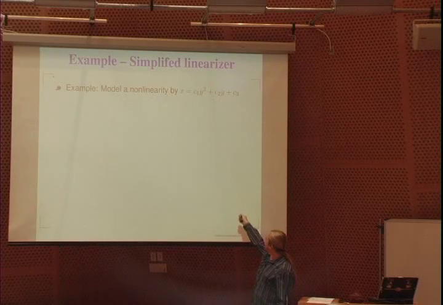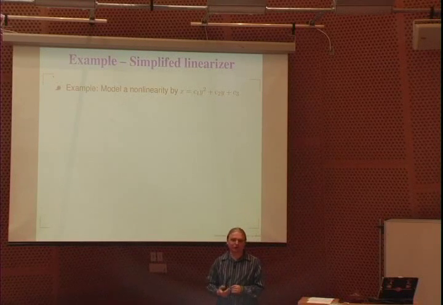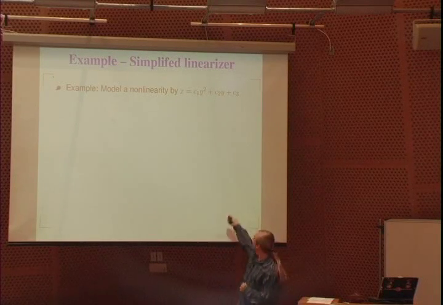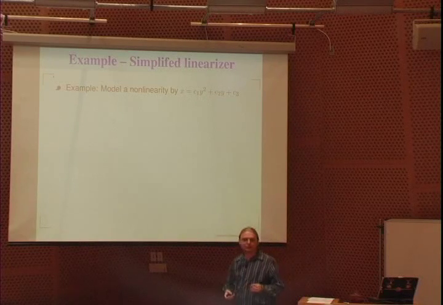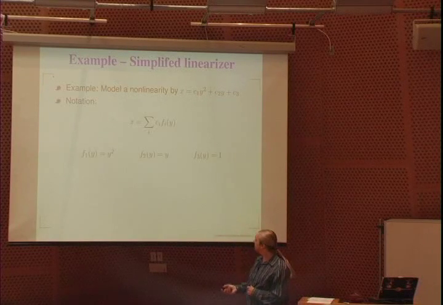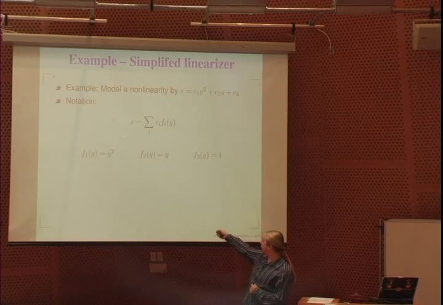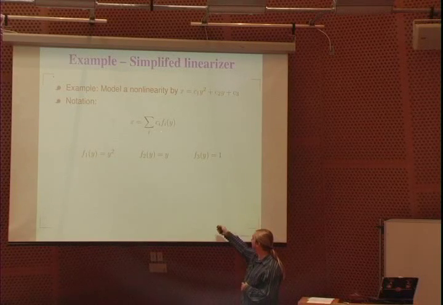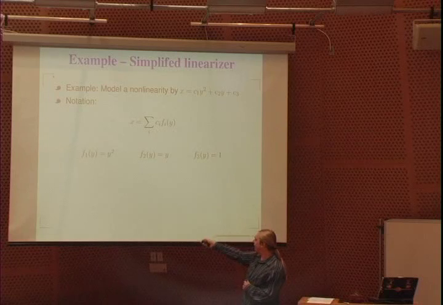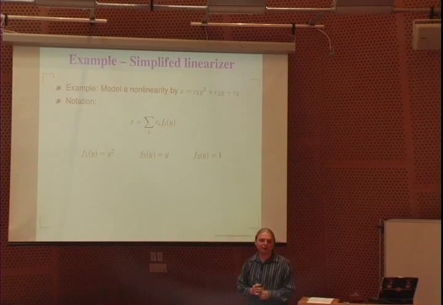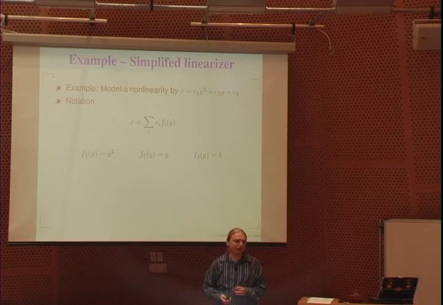We'll model a nonlinearity by a second-order Taylor approximation, a simple quadratic. In this case, I switched x and y. And just to be a little bit more general, the notation that I'll use is that x is equal to the summation of ci fi, where f1 is y squared, f2 is y, and f3 is 1.